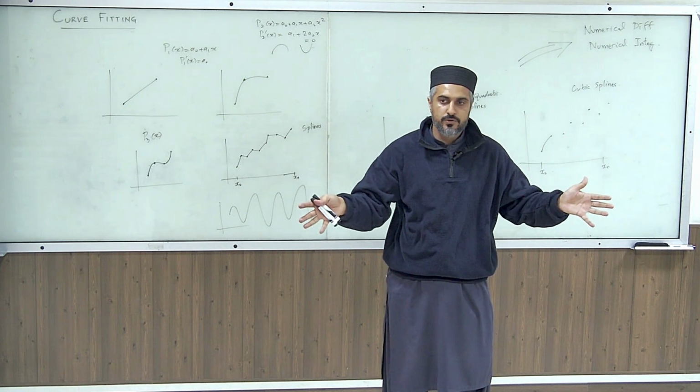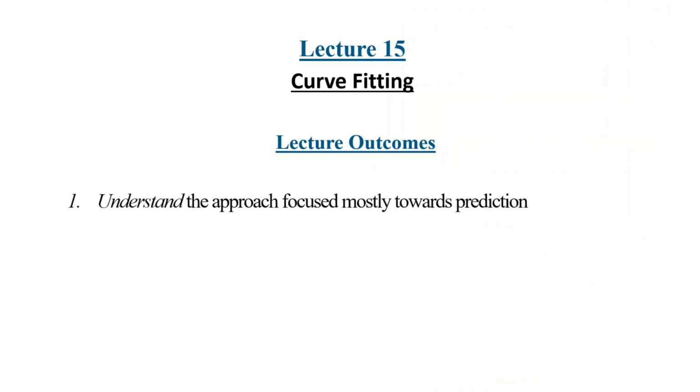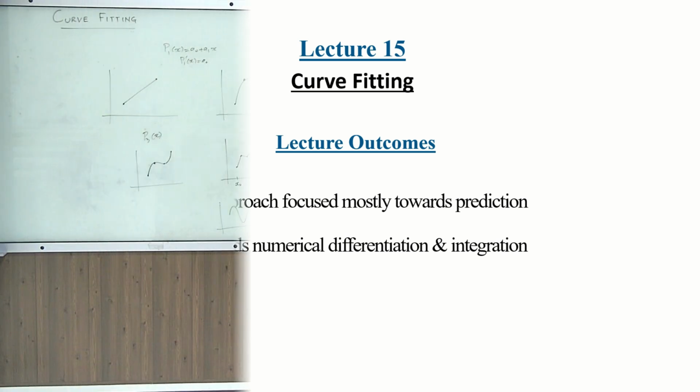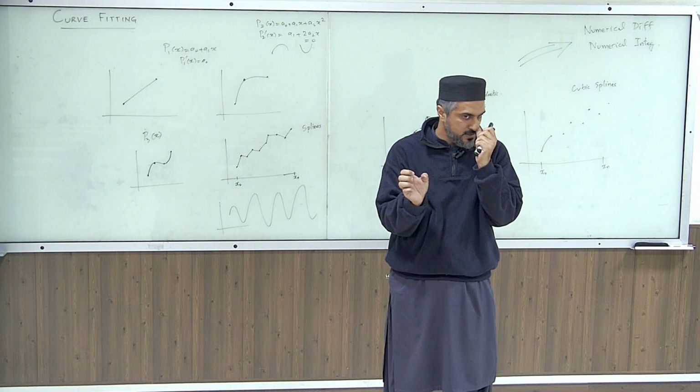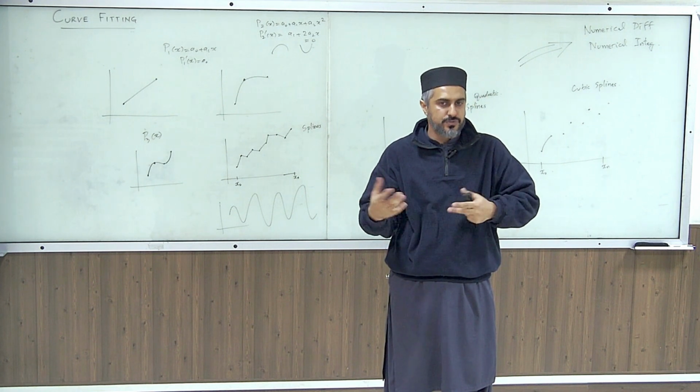So we've got two approaches of curve fitting. Either we want to focus more on prediction, or we want to go beyond prediction and find the changes in the curve, maybe find derivatives and integrations of the curves. So in these two approaches, there are different methods. One is more focused on the machine learning model that we usually see nowadays.